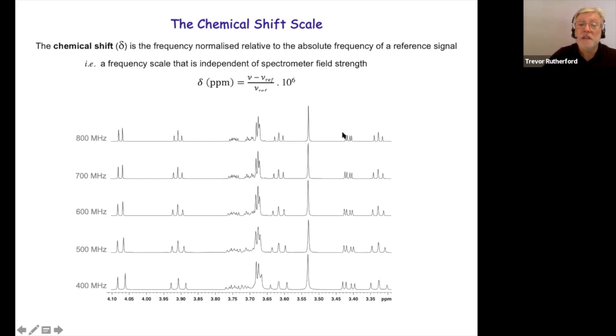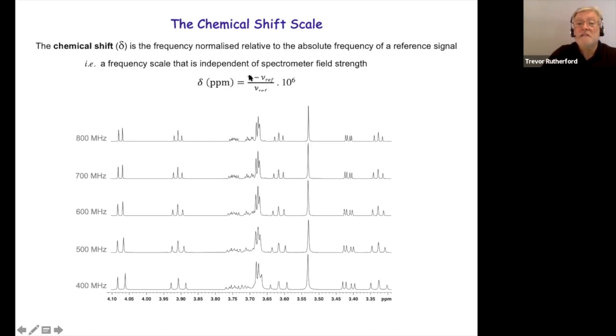Now, the chemical shift is the frequency normalized against magnetic field strength. So it's normalized against the absolute frequency of a reference spectrum. You tend to get that the differences in frequency that we see across our spectrum are about a millionth of the overall absolute frequency. And so we tend to introduce this term and multiply it by 10 to the 6 and just use the units ppm.